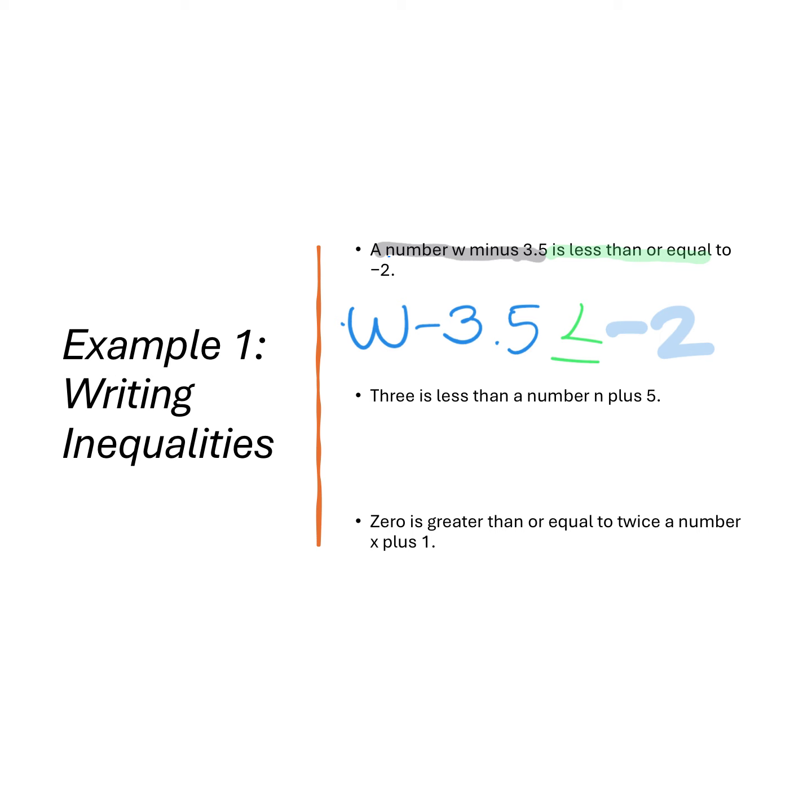So that is one part of the sentence. A number plus 5. What number can we use? A number will be what? The variable, correct? So it's going to be n plus 5. But at the beginning, I have what? 3 is less than, correct? 3 is less than.